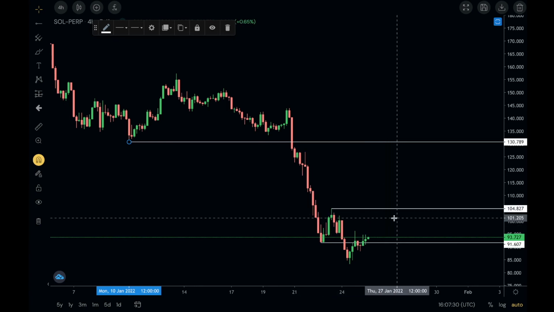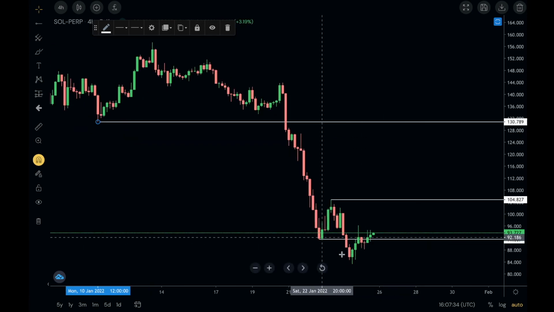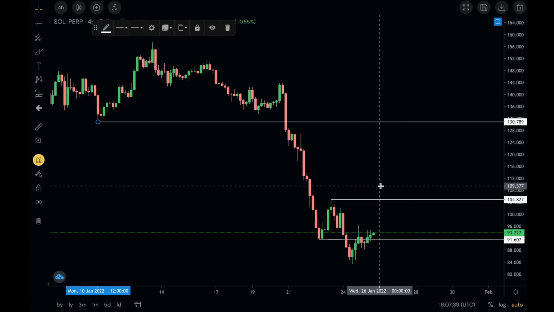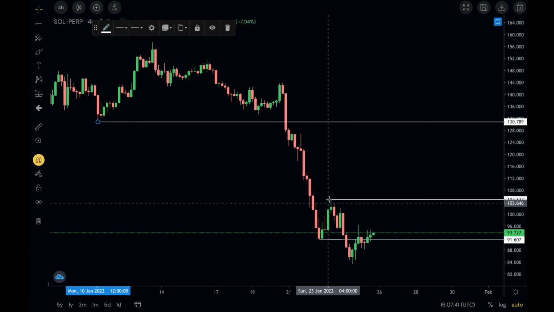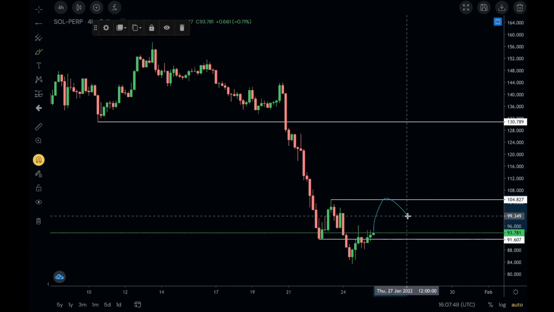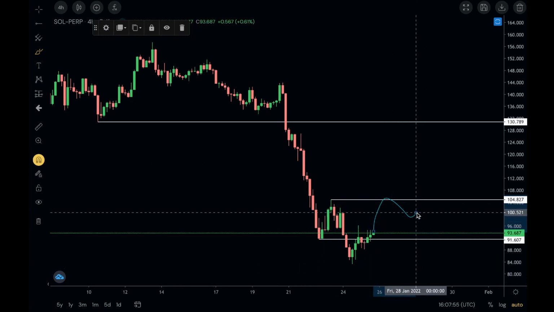Maybe we'll go back inside the range, but then print a higher low. Right now you have a lower low. You want to establish a higher high than this one, and then something like a break, then put a higher low than this one or this one, and then trend up.